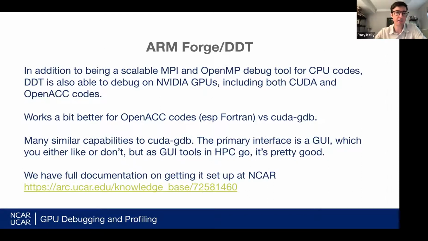I like their interface. I think it's pretty good. As far as GUI tools in HPC go, I really can't get much better. It's pretty responsive because the client runs locally on your machine and connects via SSH to where the debugging is going on. We have a lot of documentation on setting it up, so I won't cover that here, but you can look in our knowledge base articles on getting DDT set up.